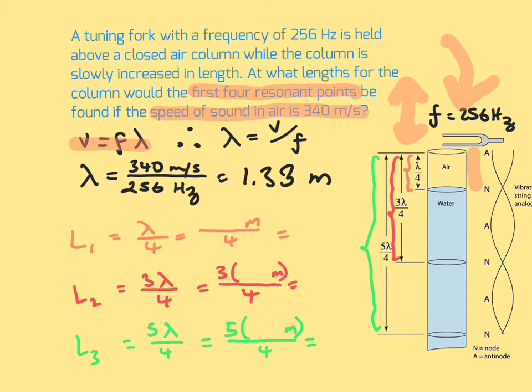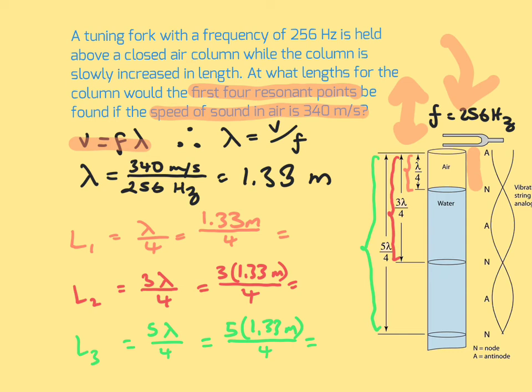And as you change the lengths, because now the frequency is fixed, you're going to get these harmonics at different lengths. So for each value, we would put in what the wavelength is, and we would get different lengths created each time. Okay, and we follow the equations that are given.